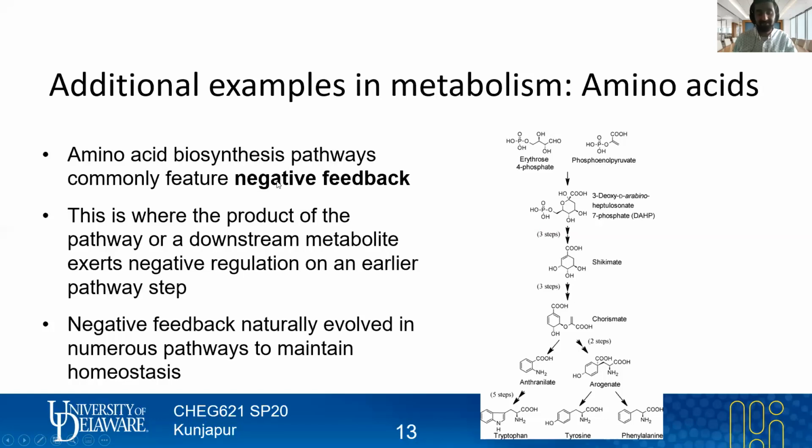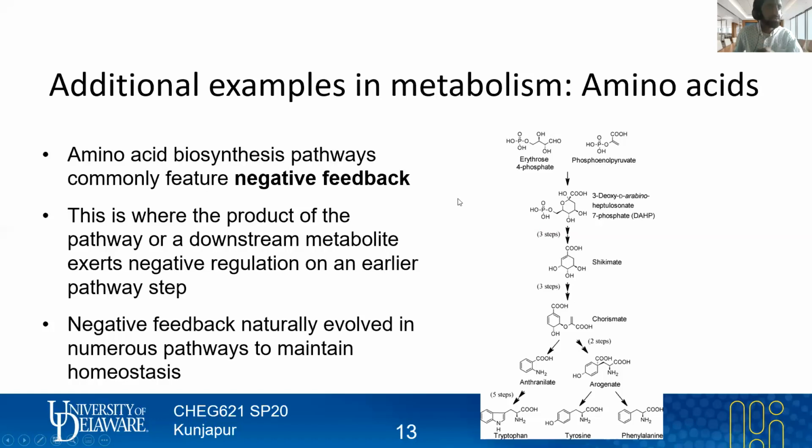And in fact, in a lot of human diseases, when your negative feedback loop breaks, that's what can cause a disease, because then you end up making a toxic amount of some molecule. So negative feedback is where the product of the pathway, or it can be a downstream metabolite, exerts negative regulation on an earlier pathway step. And here I mentioned the homeostasis part.